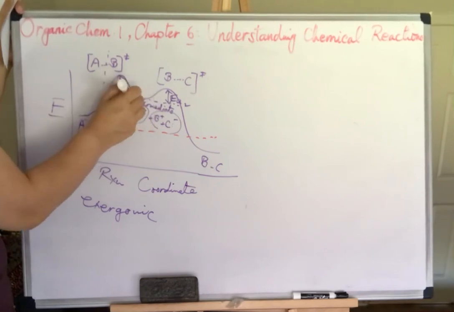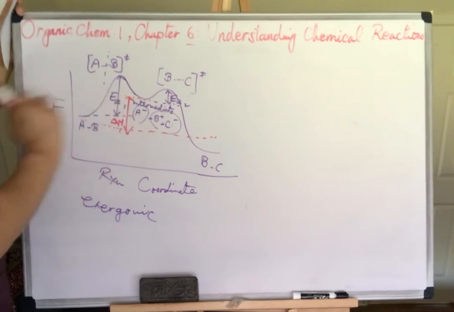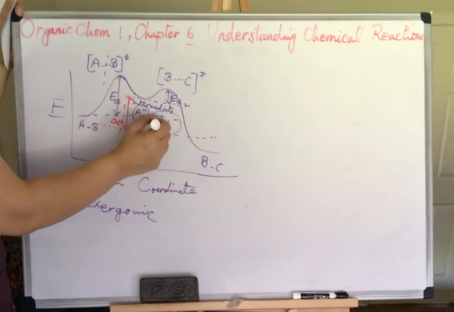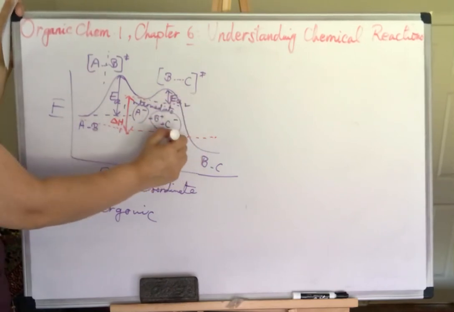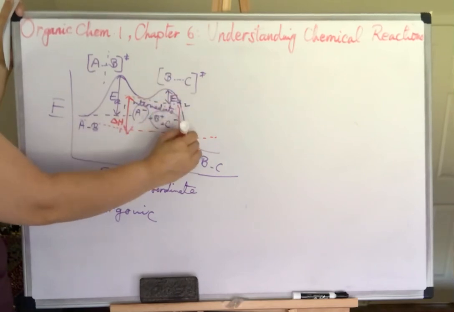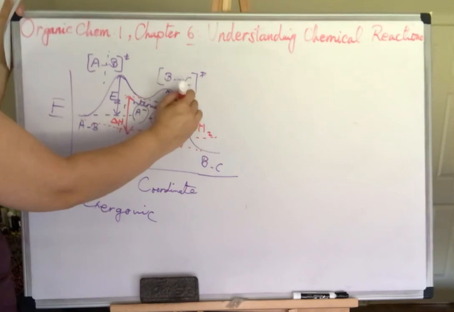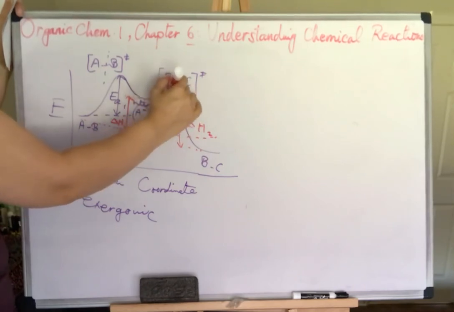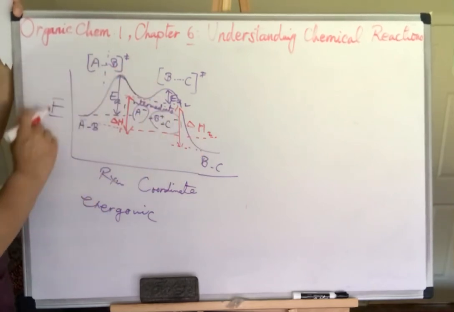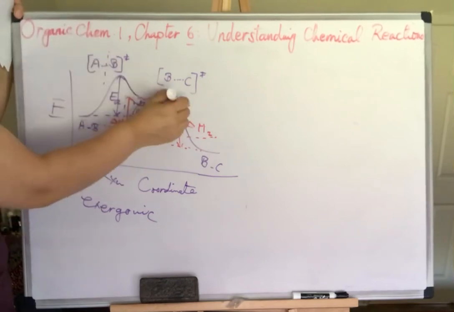Consider the first half, the reactant to the intermediate product, is delta H1, and between the intermediate and the final product, this is going to be delta H2, because this is the reactant for the second step, and this is going to be the product, because delta H is always between reactant and product.